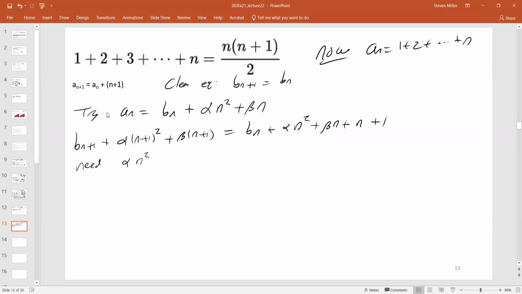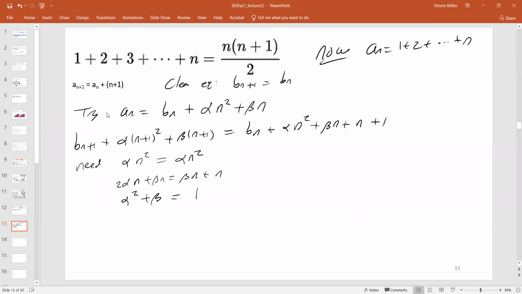I'm just going to match the terms in n. Then the next term, I'm going to have a 2 alpha n plus beta n, and on this side, I'll get beta n plus n. And then the constant term would be alpha squared plus beta equals 1.